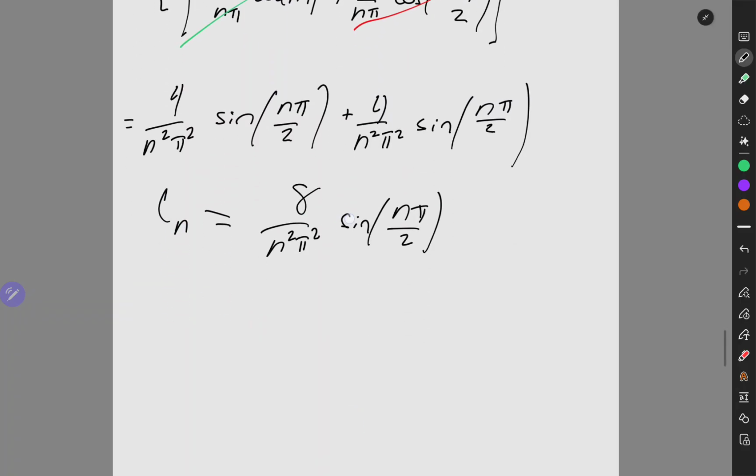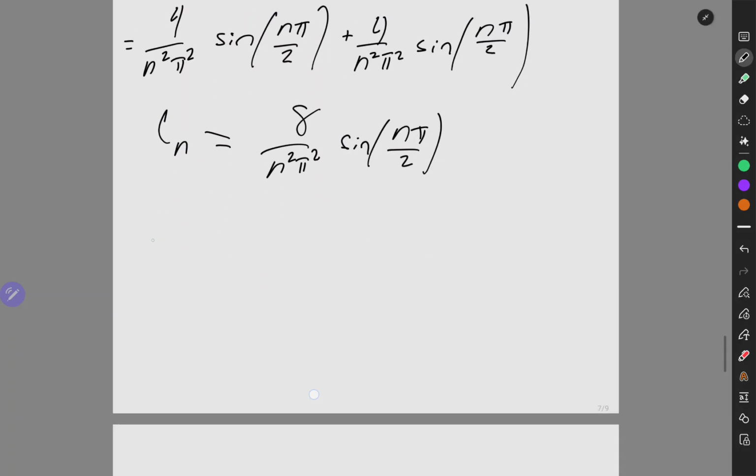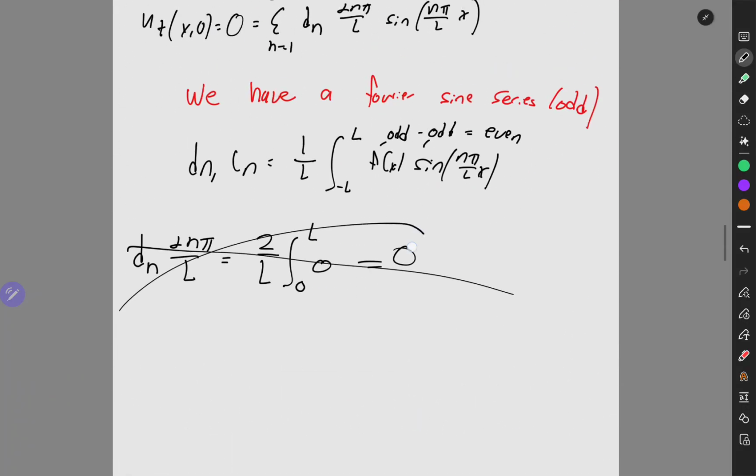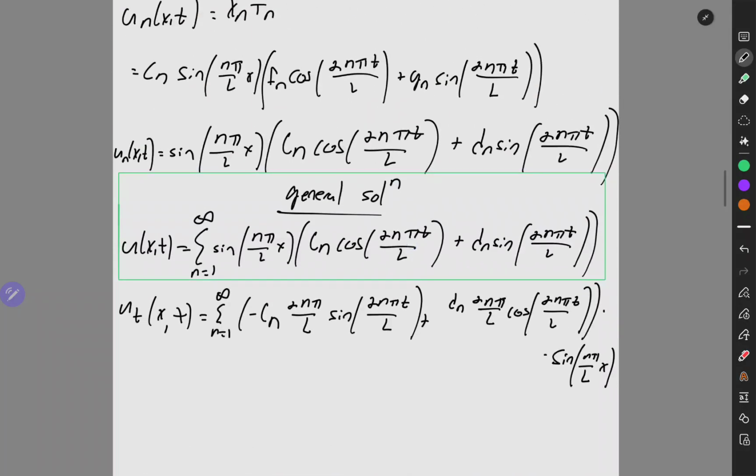So then we can go ahead and write out our u(x,t), because we know D sub n is 0. So that leaves us with. Actually, let's make our life easier. Let me copy all of this.